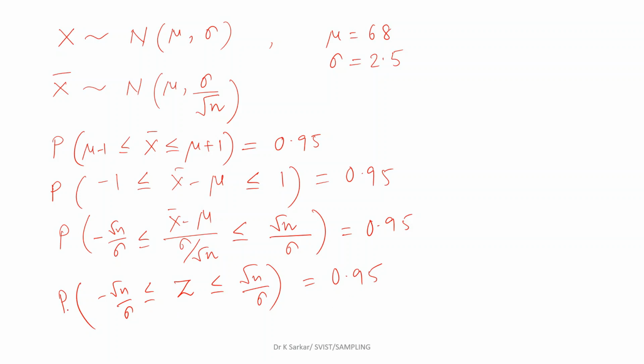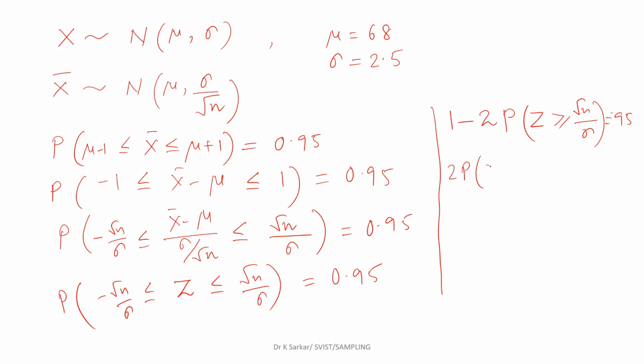Now the probability of this part we can write as 1 minus twice the probability of z greater than or equal to root over n by sigma, equal to 0.95.